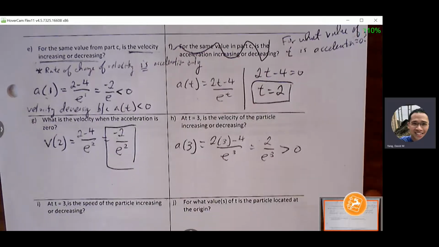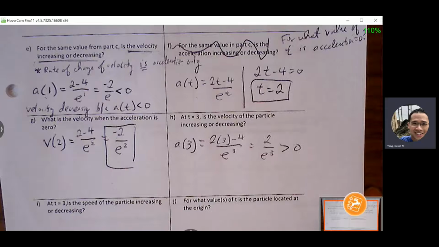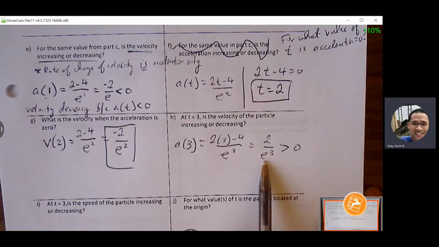Okay. Here, acceleration is positive, so we know velocity is increasing, right?